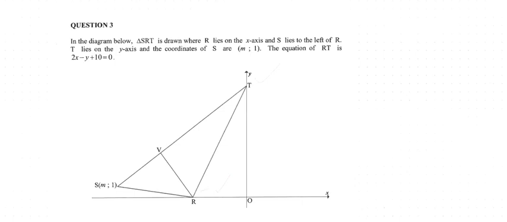The coordinates of S are M and 1. The equation of RT is 2x minus y plus 10 equals 0.